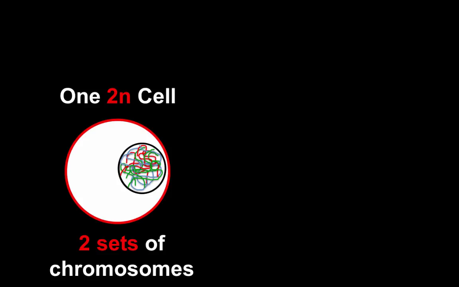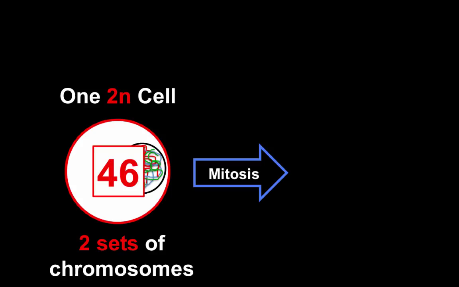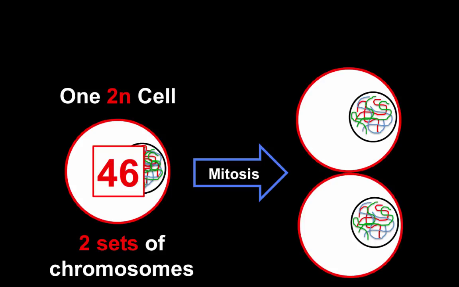If we look at this all together, here we have our 2N or diploid cell. This is our parent cell. It has 2 sets of chromosomes. This cell is going to go through mitosis, and if this is a human cell, it's got 46 chromosomes. It's going to create 2 new cells.